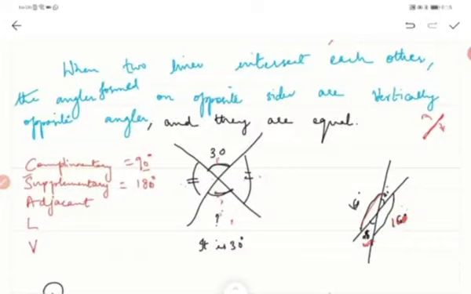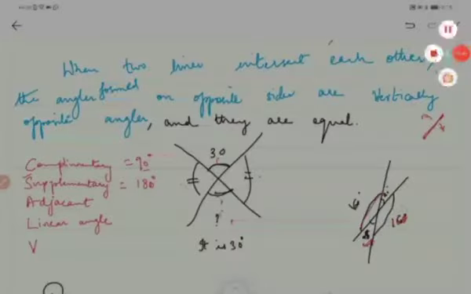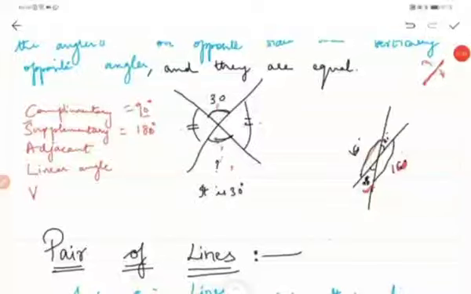After that we studied linear pair, isn't it? You call it a linear pair when you have 180 degrees for your adjacent angles.